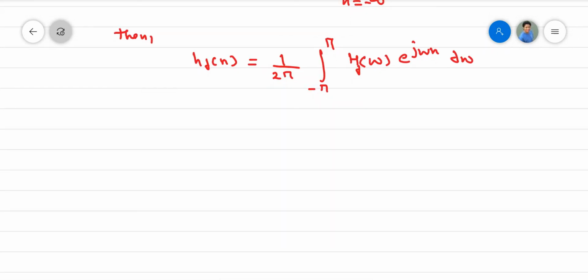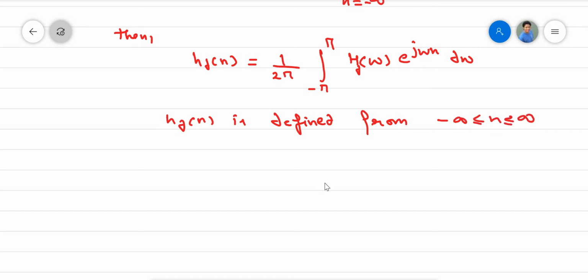Normally realization is performed for the magnitude, right, but if we see this particular part, hd(n) is defined from minus infinity to infinity. That means we have hit a wall, right.